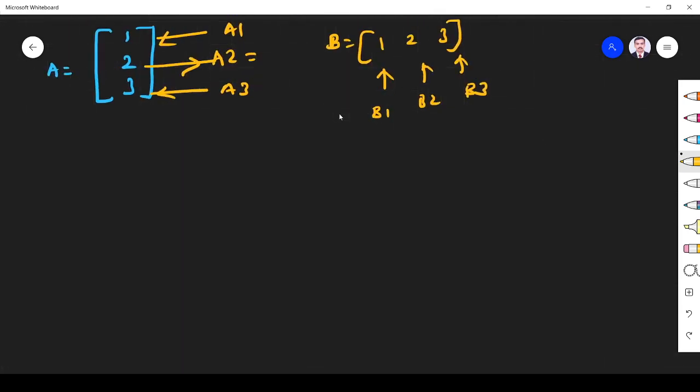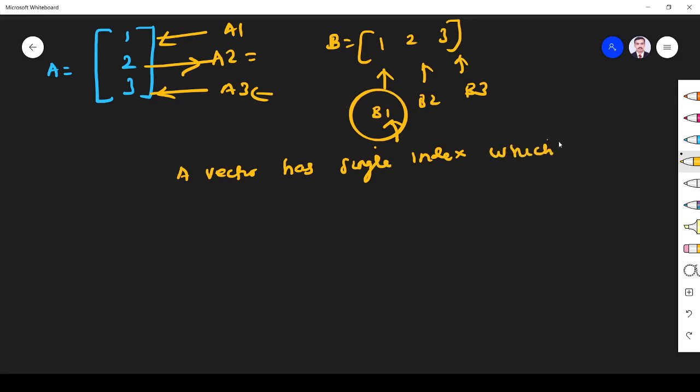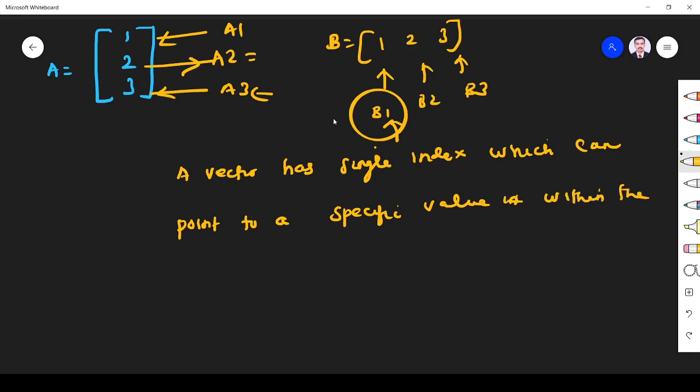So a vector has a single index, only one index. We assign 1, 2, 3 like that. It has one index which can point to a specific value within the vector.